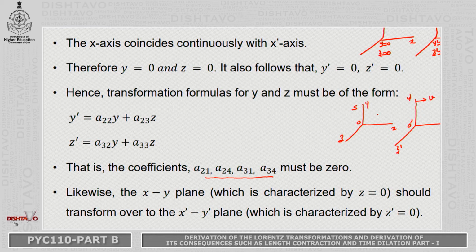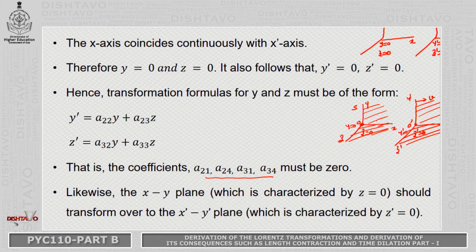Now if you consider the xy plane and the x dash y dash plane, the xy plane is characterized by z equal to 0 in S frame, and the x dash y dash plane is characterized by z dash equal to 0 in the S dash frame. Similarly, the xz plane is characterized by y equal to 0, and the x dash z dash plane is characterized by y dash equal to 0.